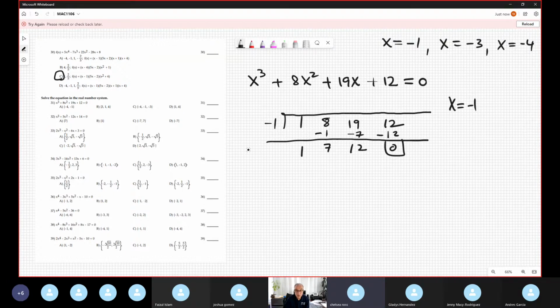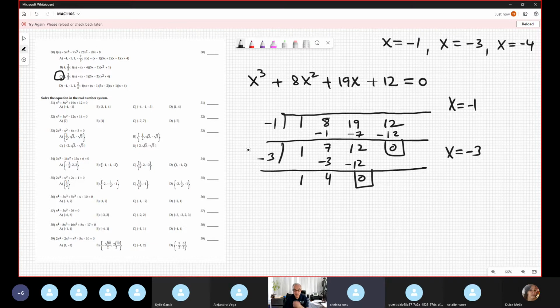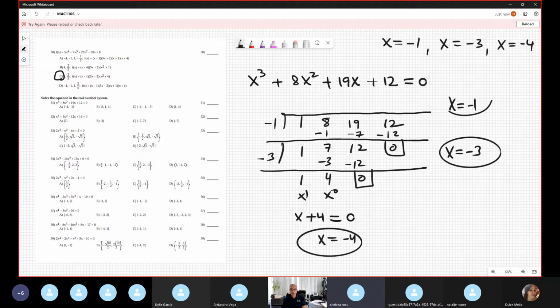Okay. Another, negative 3 or negative 4, either way. 1 is negative 3, this is 4, is negative 12, is 0. X equal negative 3. And what's next? Well, the next is this quotient, x to the 0, x to the 1. The factor is x plus 4. You force it to be 0. X is equal to negative 4. Okay, this is the 0. This is negative 4, negative 3, and negative 1.